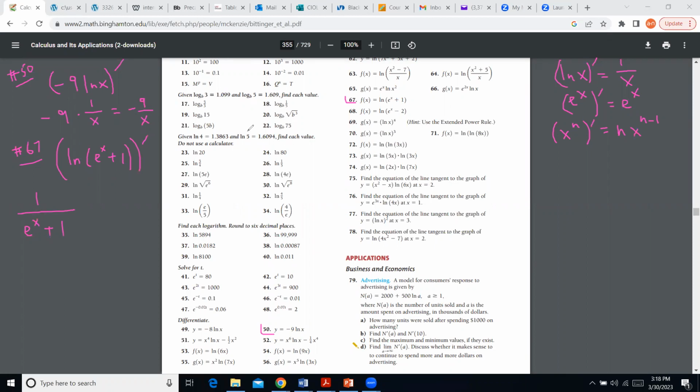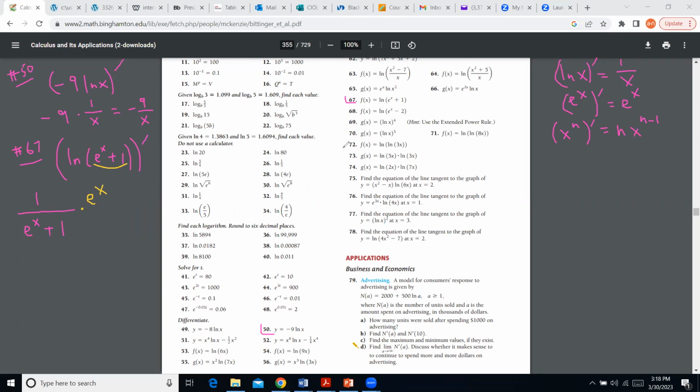So I just lose that ln and write that parentheses in denominator. And then we need to multiply this by a derivative of e to the power of x, which is exactly the same e to the power of x, and plus 1 disappears as it stays by itself. So the point is to use the chain rule whenever you have a composition of functions.